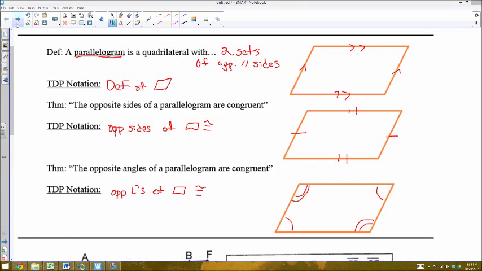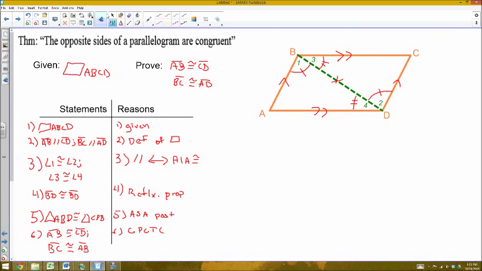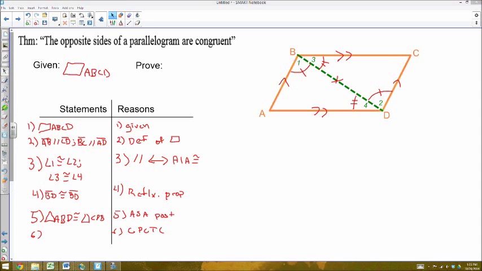To prove it, the proof is actually very, very similar to the proof that the opposite sides were congruent. So let's just change a couple of things. First, I'm going to erase this conclusion. And I want to just point out that the proof that the opposite angles are the same will involve all the same key steps.